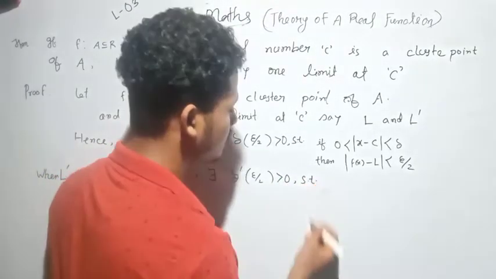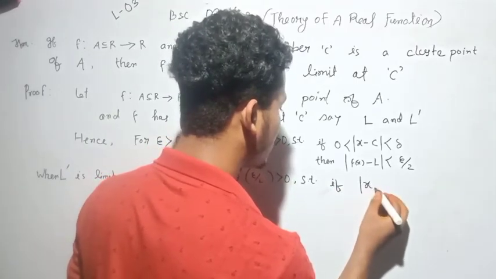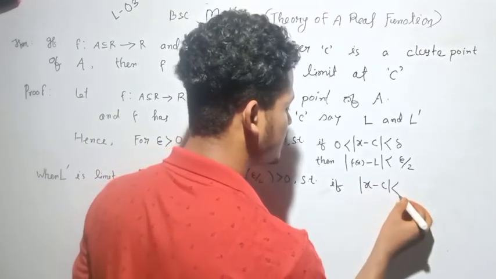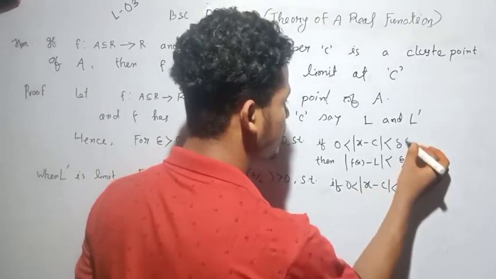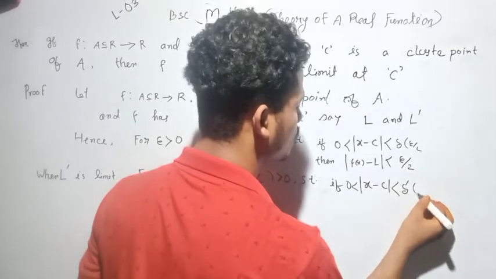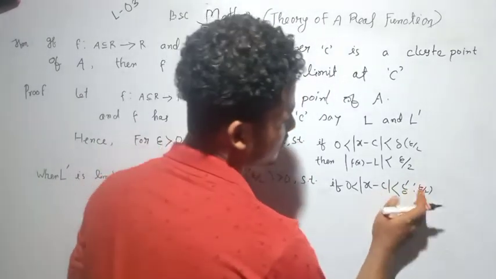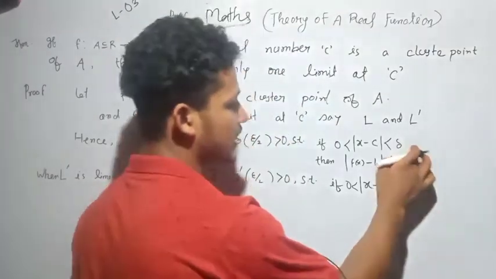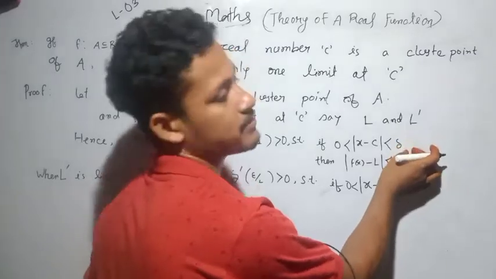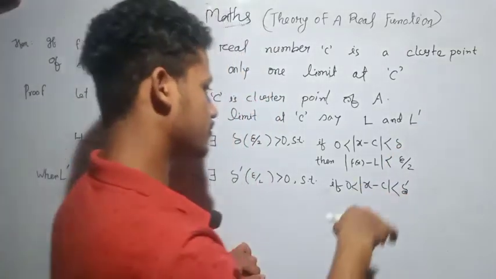Such that if modulus of x minus c is less than delta dash and greater than 0. You can write epsilon by 2 here also. If you don't want to write epsilon by 2 here, you can remove it. This delta means delta of epsilon by 2, and this delta dash means delta dash of epsilon by 2.